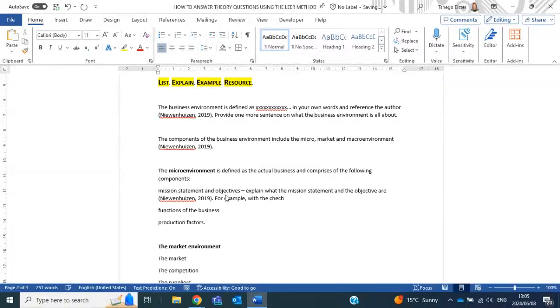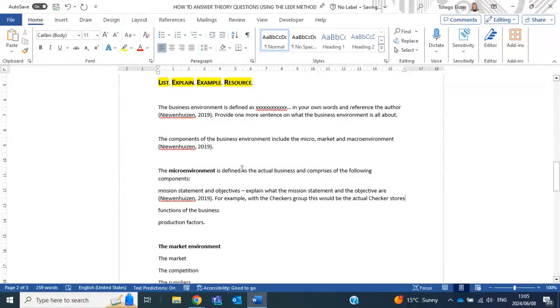With the Checkers group, this would be the actual Checkers stores, right? What I like about this example is that they say the microenvironment is defined as the business itself.